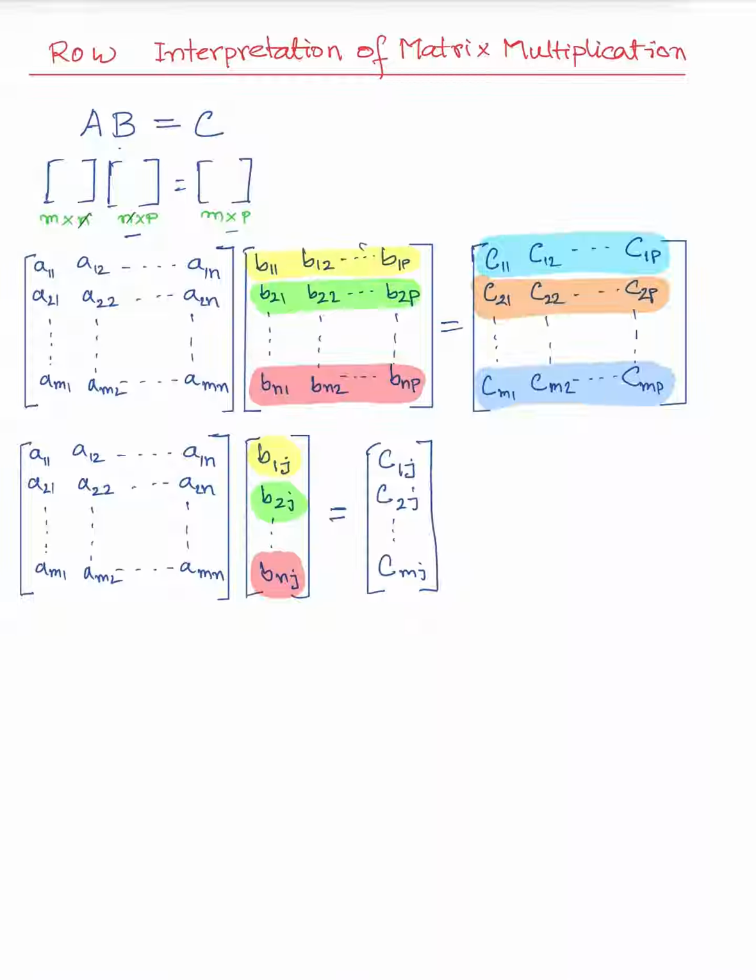As we color code, this is the first one, this is our second one, and this is our last one.